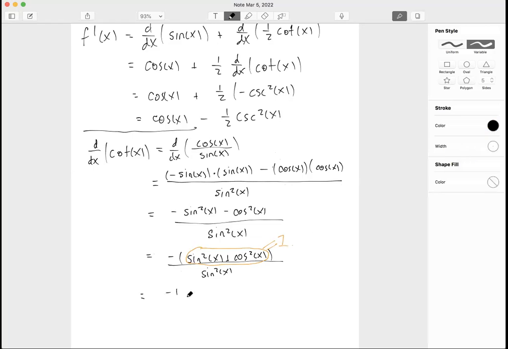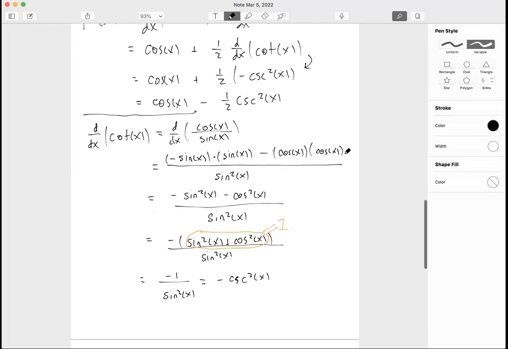So this becomes negative 1 over sine squared, which is the same thing as negative cosecant squared. Okay, so that's how we can justify this step. And you don't have to do that every time, but it's good practice.